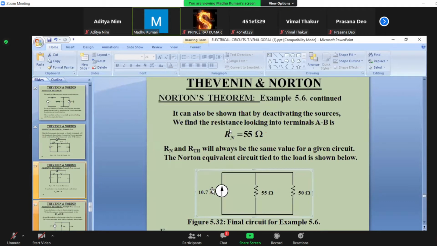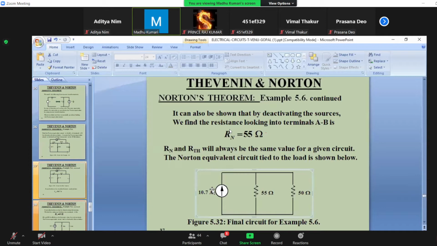So the only issue is how to find the Norton's resistance and the Norton's current source, and then calculate the current across the load resistance and the different parameters. This is the main task, and after that you can calculate everything.